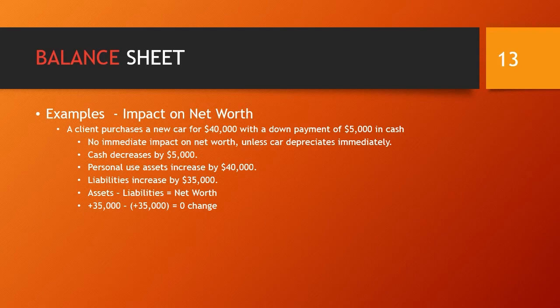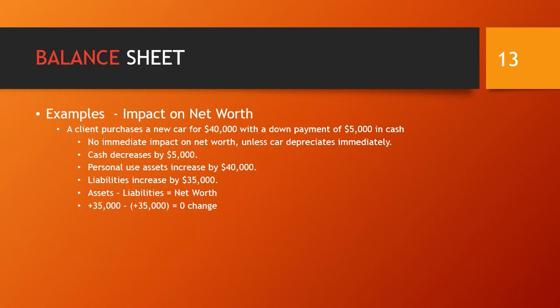But in reality, some of you might be going, aha, but what about the fact that the car goes down in value? I bought the car for $40,000. If you bought a car for $40,000, could you sell it to somebody else for $40,000? Probably not in most cases. In most cases, you would have to sell it for less. As soon as you drive it off the car lot, it's less valuable.